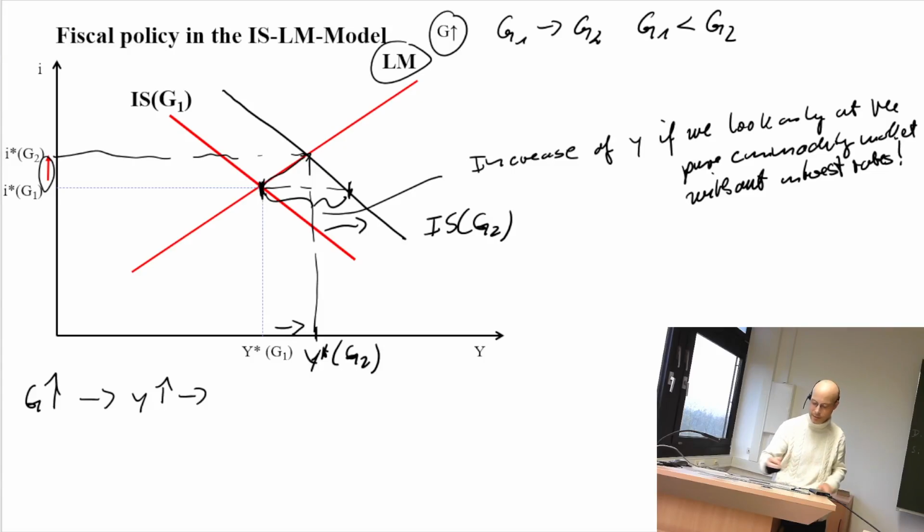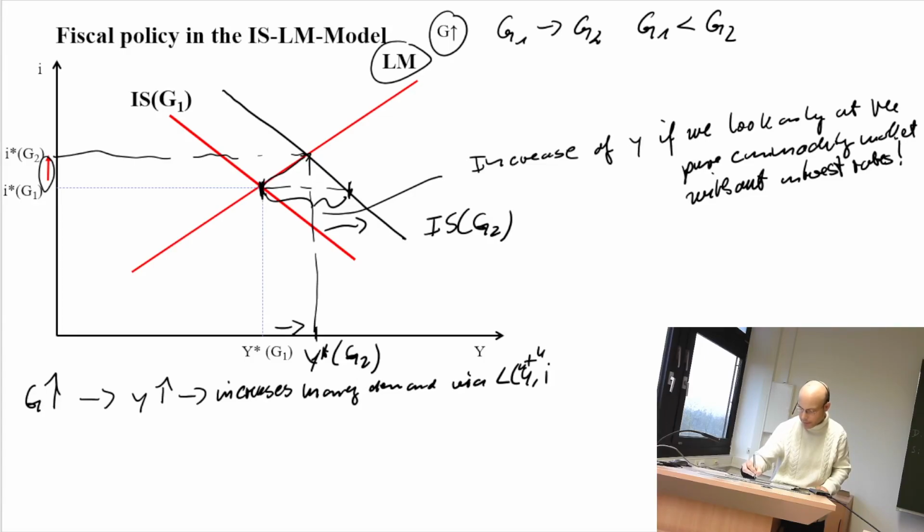Money demand increases via L of Y, i, since we have here this positive dependence. And money demand has to equal our money supply.